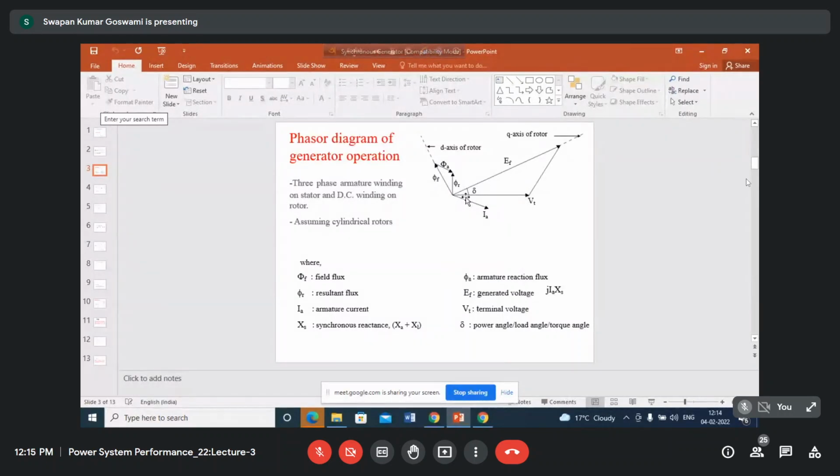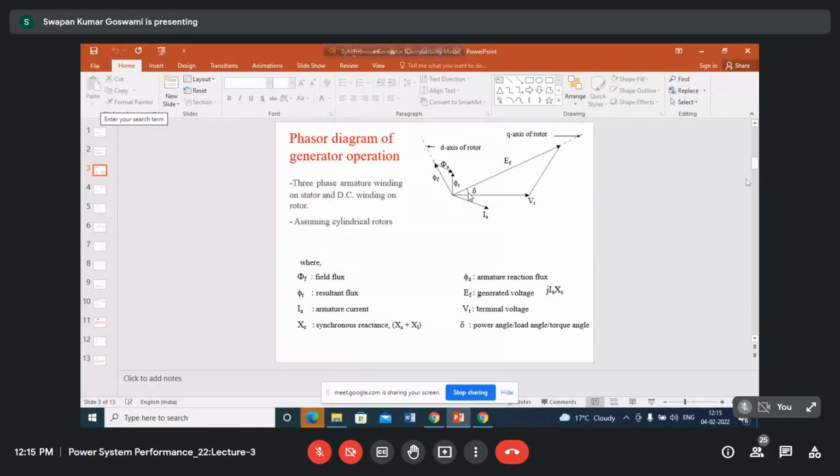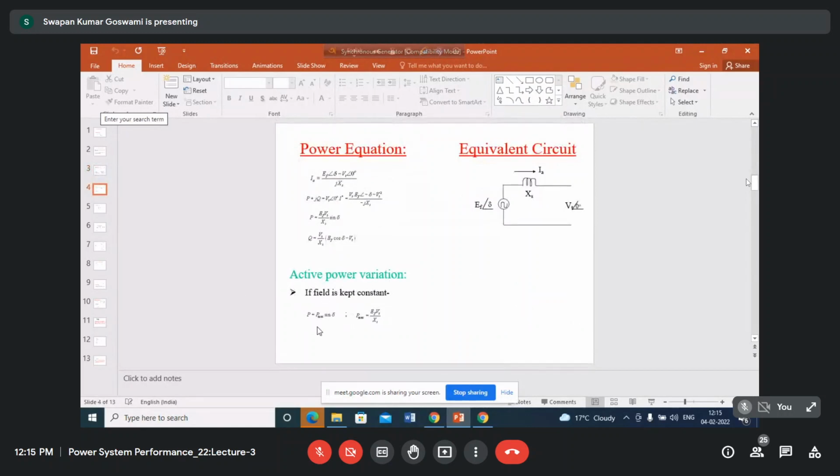And at steady state, when the generator is working at stable condition, rotating at synchronous speed, then delta is fixed. That means generator will be delivering a power P which is constant. This is how generator will be delivering a stable power to the power system.